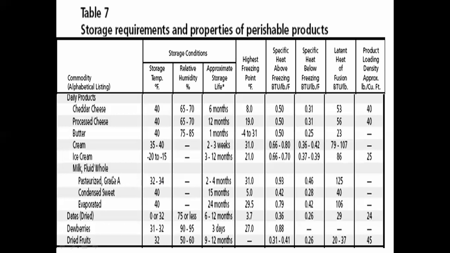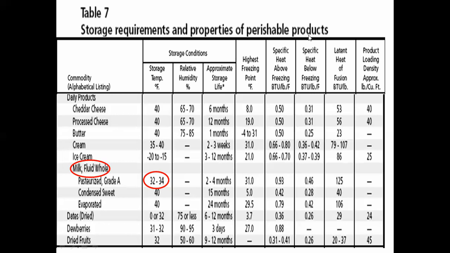So you have to take milk, then choose this pasteurized grade A milk. The storage temperature we already know is 35, so you could take this one. Its approximate storage life is 2 to 4 months, and the highest freezing point is 31 degrees Fahrenheit.